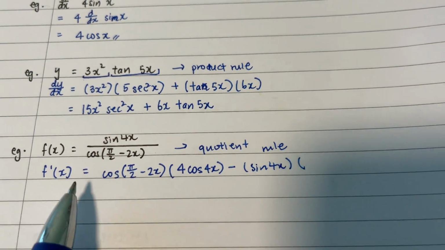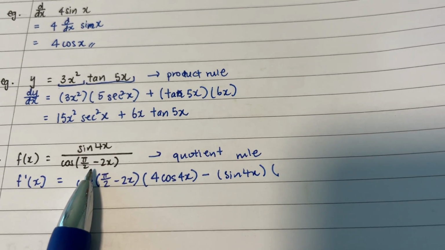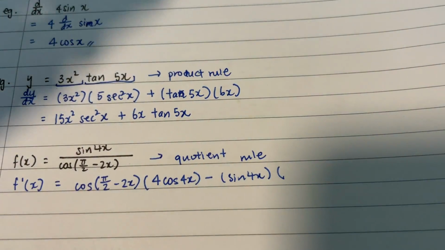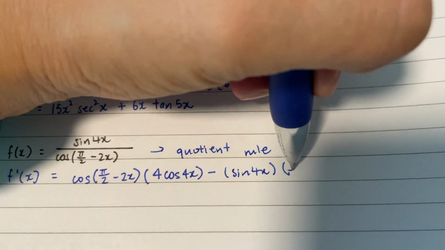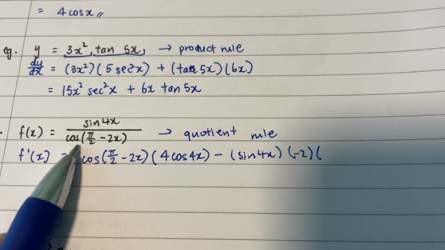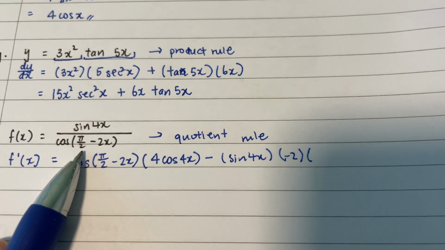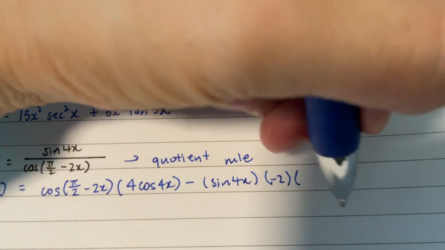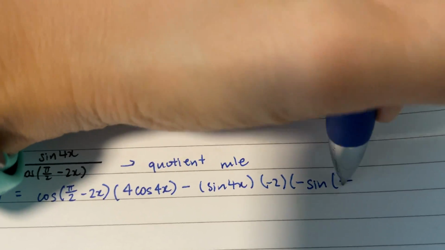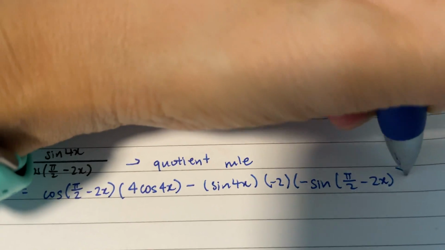And now we differentiate cos of pi by 2 minus 2x. Let's differentiate this, minus 2x, first. When we differentiate, we get minus 2. And when we differentiate this portion, minus sine of this whole thing, right? Minus sine pi by 2 minus 2x.